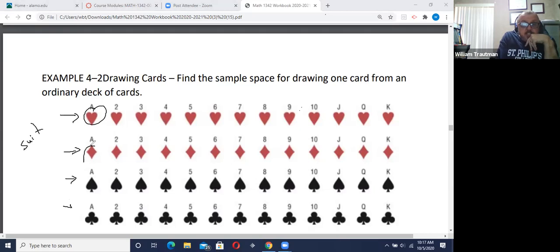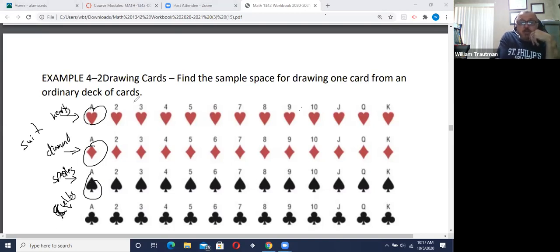Hearts, diamonds, spades, and clubs. Clubs, that's a C. So there are 4 suits.